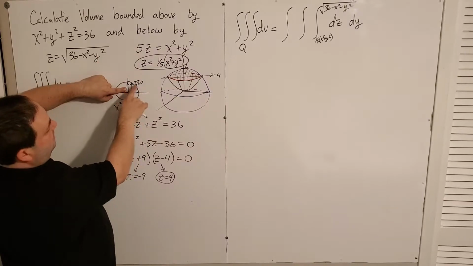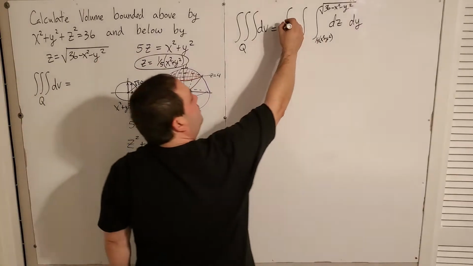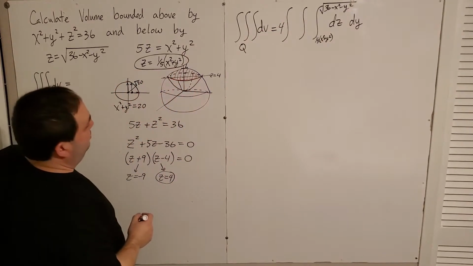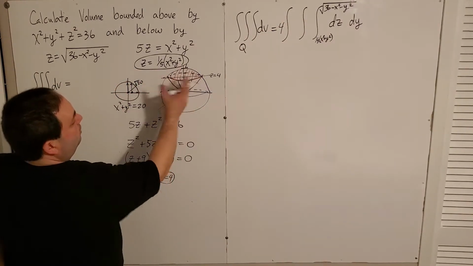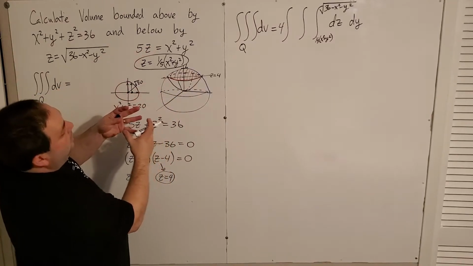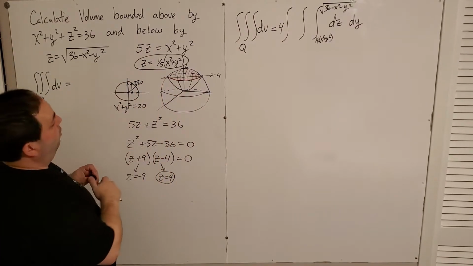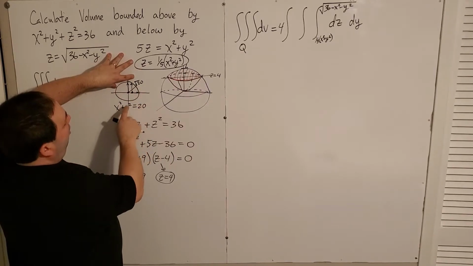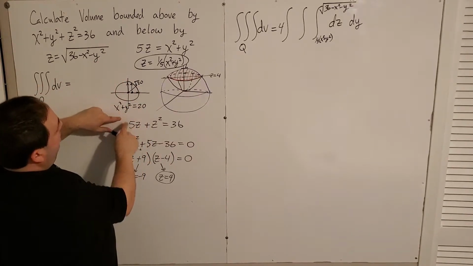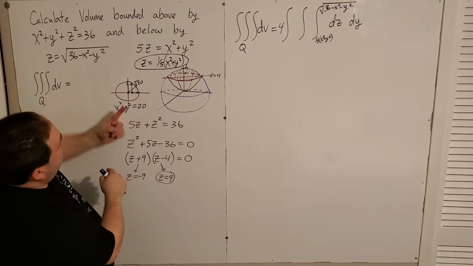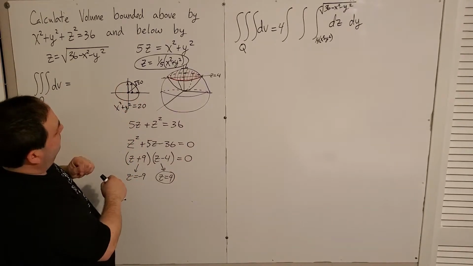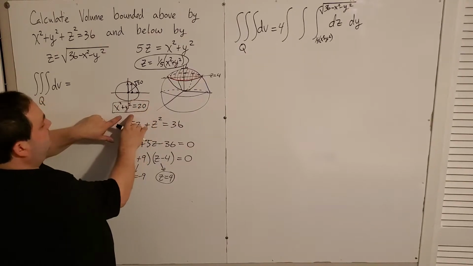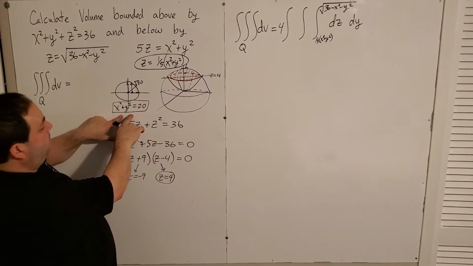All I'll need to do is multiply a 4 out front because of the symmetry. It's spherical and the paraboloid is circular, so we have all that symmetry working for us. Okay, so y is going to go from the axis up to the curve. Well, this is the curve right here. Solve for y.